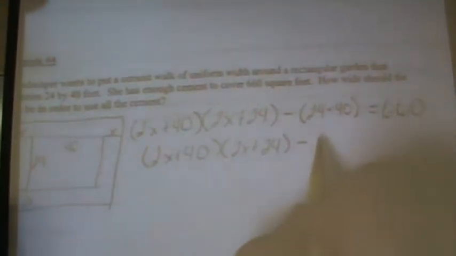Now, we can either do this by hand or you can punch it into your calculators. I would simplify it first though. So you'll have the 2x plus 40 times 2x plus 24 minus 24 times 40. What are you guys getting for that?